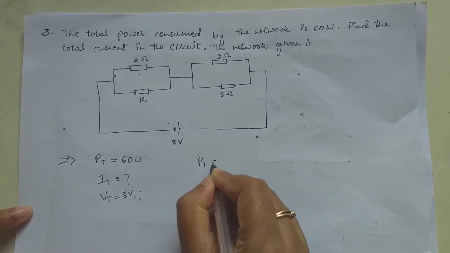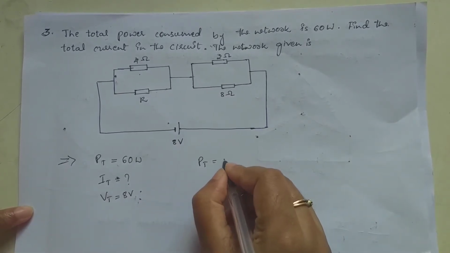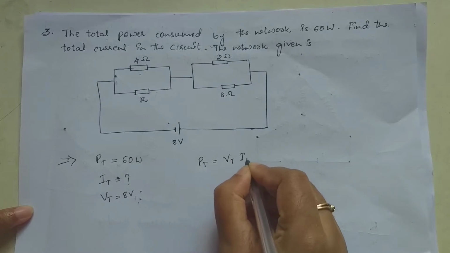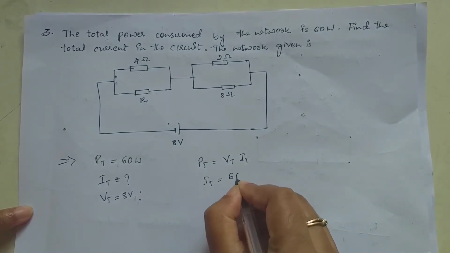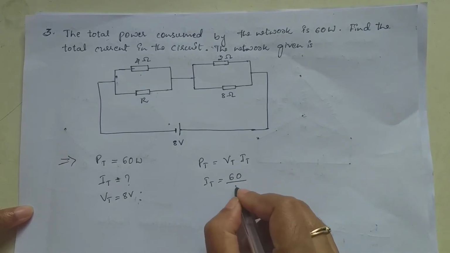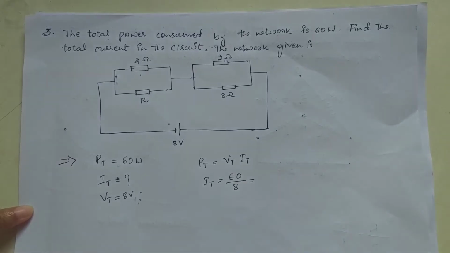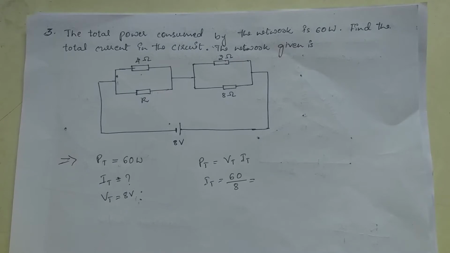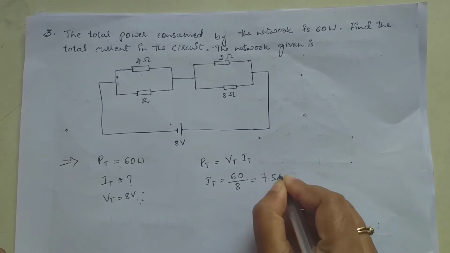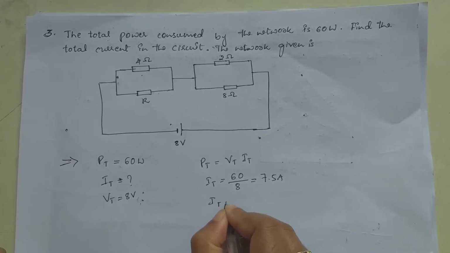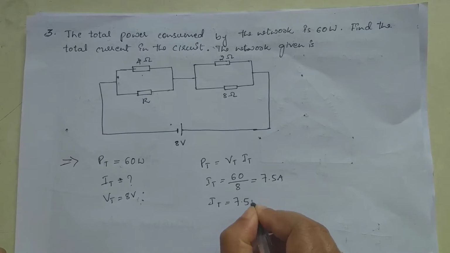P total is equal to VT into IT, so IT is equal to 60 divided by VT, 8 volt. The answer is 7.5 amperes. It is the easiest problem, no need to think much.